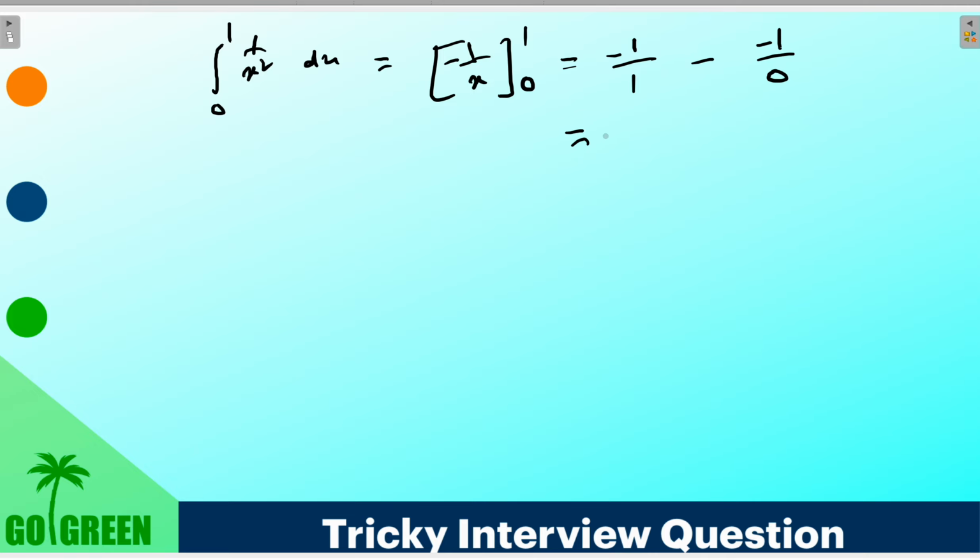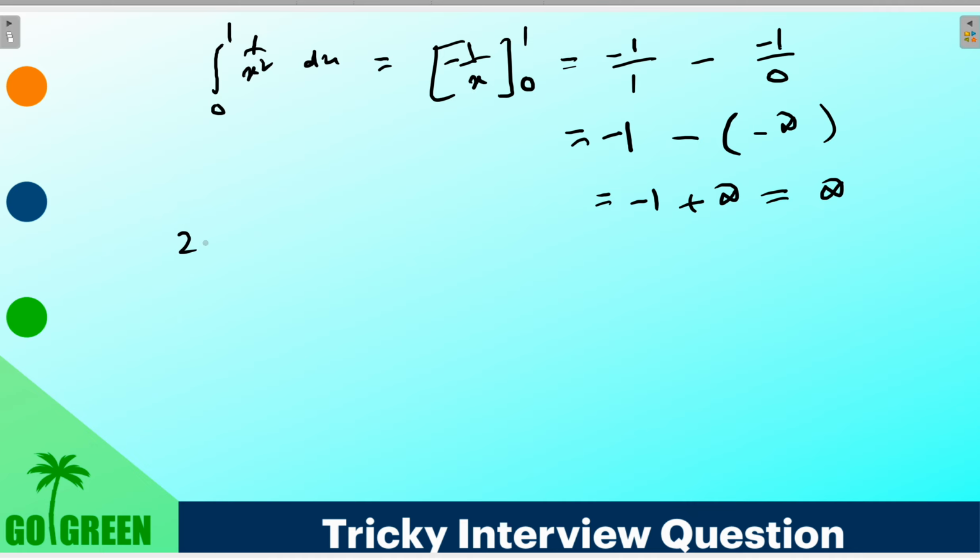So the first term is definitely -1, but the second term, -1 by 0, will give you -infinity, because this is negative and 1 by 0 is infinity, you can say. So this is an informal way of writing this kind of mathematics.